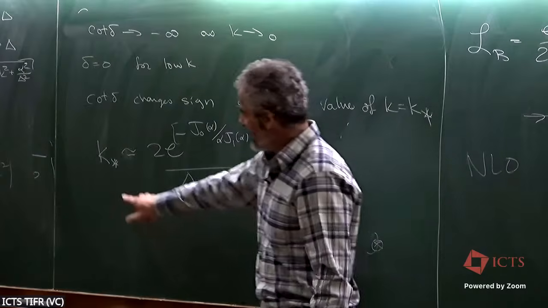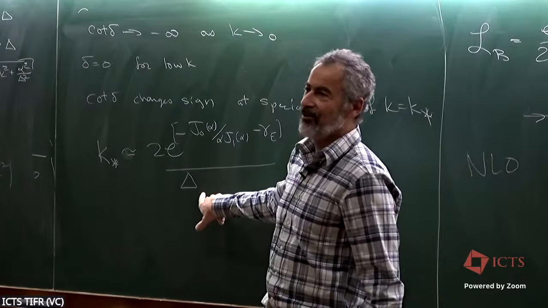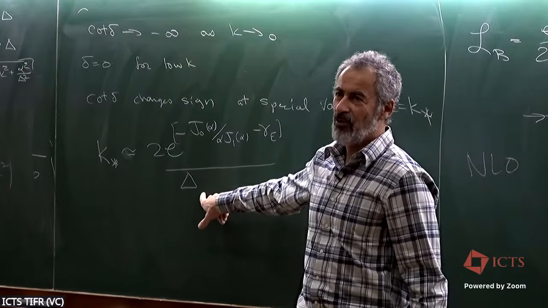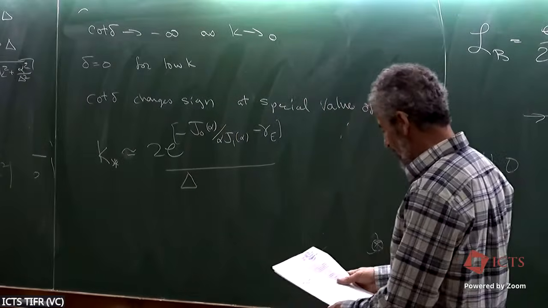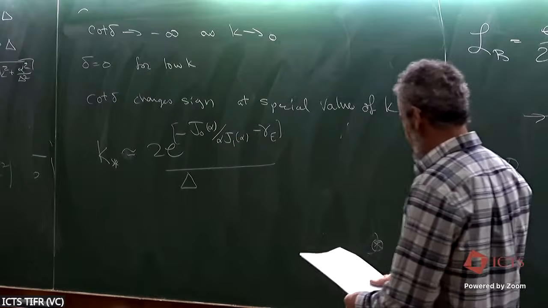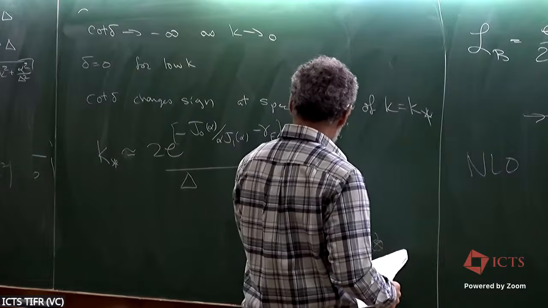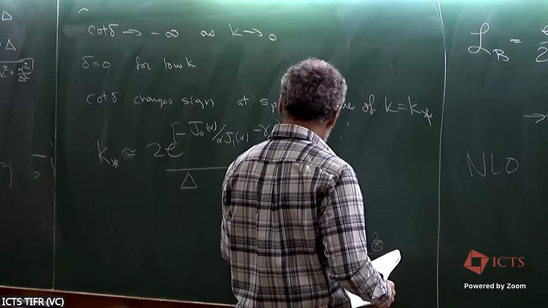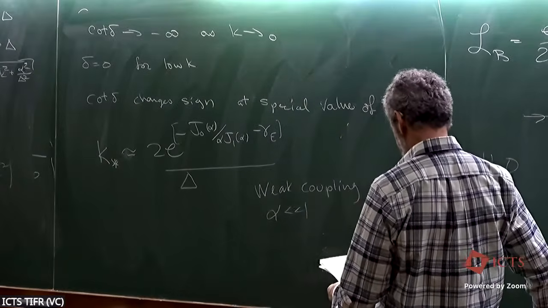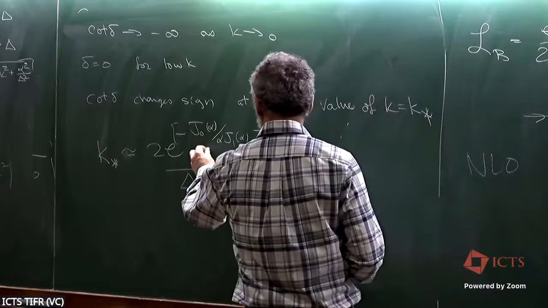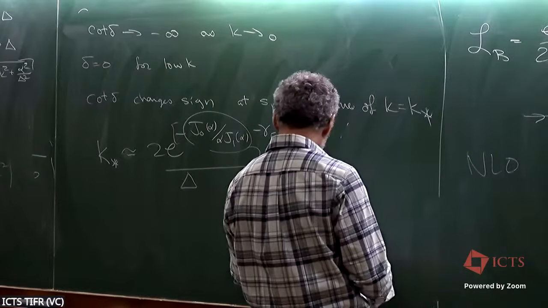So this tells you that this fancy point where something interesting happens is exponentially related to the natural scale 1 over delta. And whether this exponential factor is big or not depends on alpha, but it's exponentially sensitive to it. For weak coupling, alpha much less than 1, you find that this quantity here looks like 2 over alpha squared.